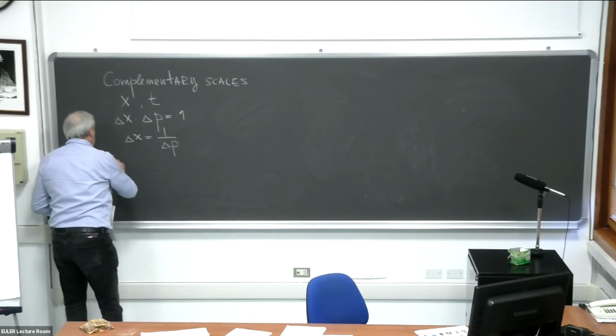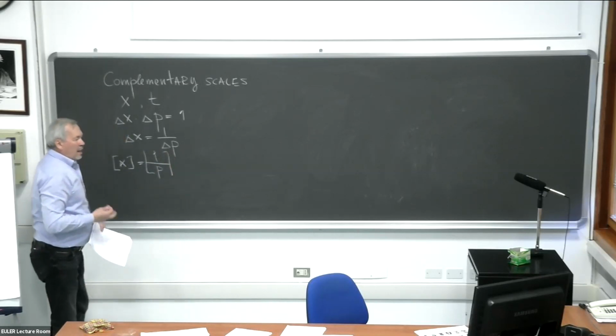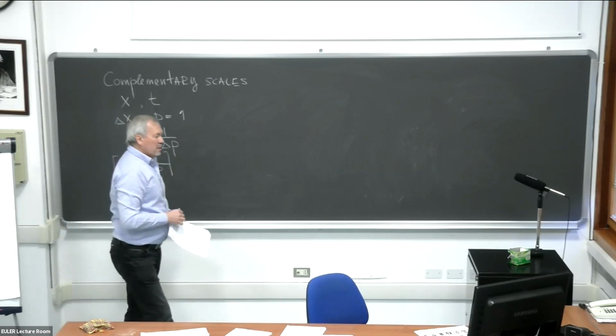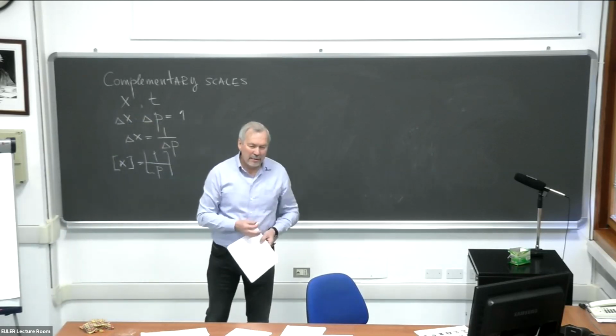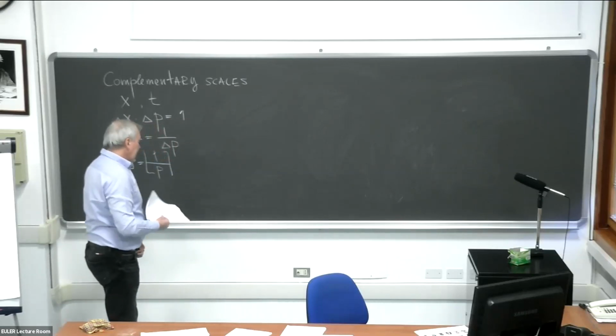So I can write that the dimension of x, distance, is dimension 1 over p. And at the same time, I can measure energy and momentum in units of distances in centimeters.